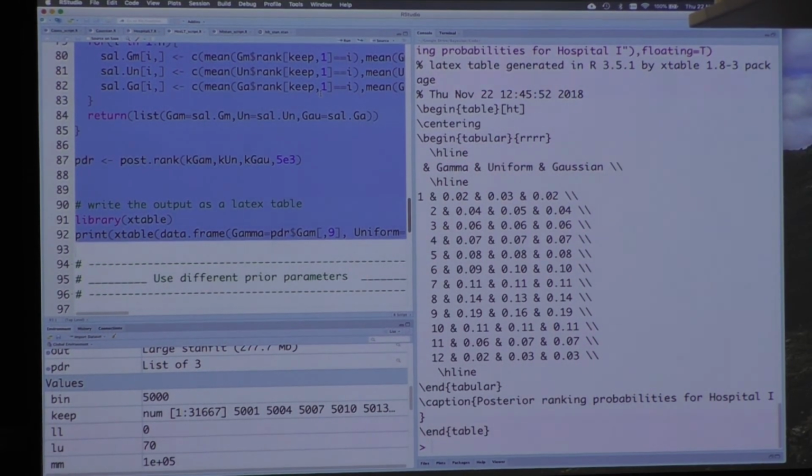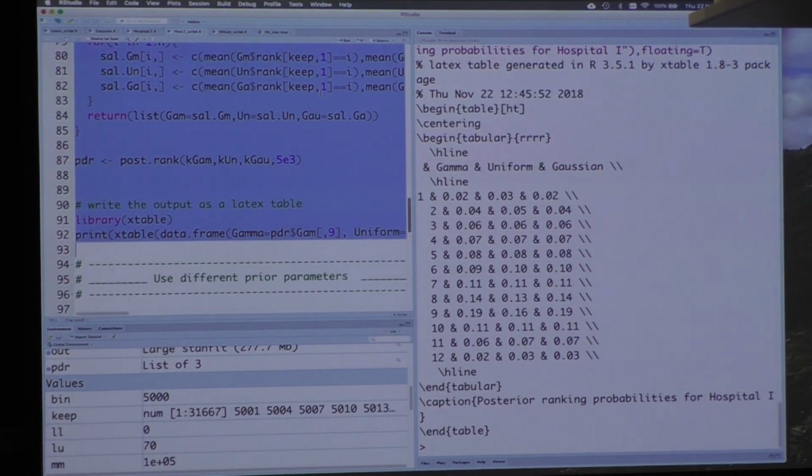So again, as a point estimate, it seems that being ranked 8 or 9 for hospital I is the right thing to do. And this is the mode regardless of the prior. But then you have high probability to be ranked in between, say, 7th and 11th. And that is more or less consistent through priors. Okay? So one thing that we can conclude, at least from very quickly looking at our results, is that the rankings seem to be consistent through priors.